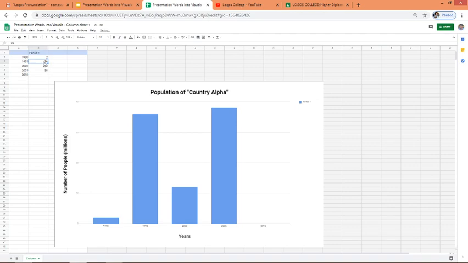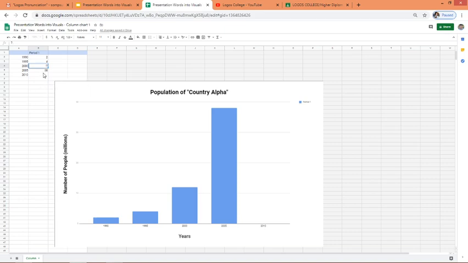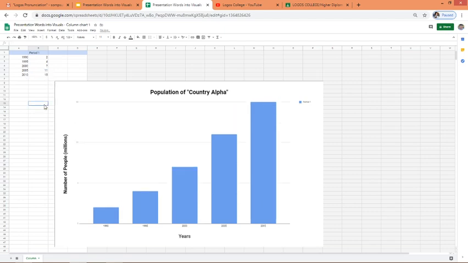This 1995 was 4 million. And 2000 was 7 million. 2005 was 11 million. And 2010 was 15 million. And here you could see 1990, 95, 2000, 2005, 2010, and then you could see the number in millions.